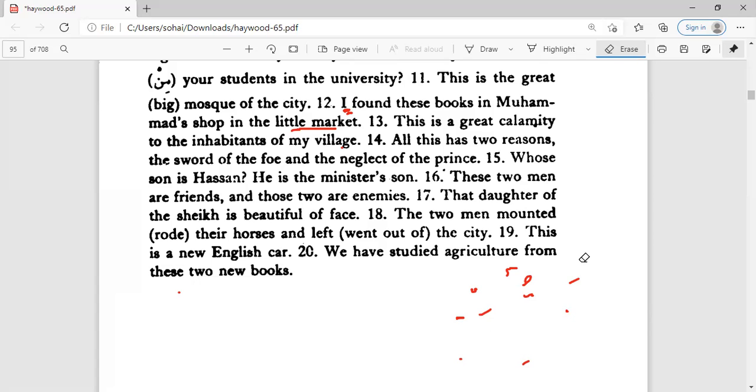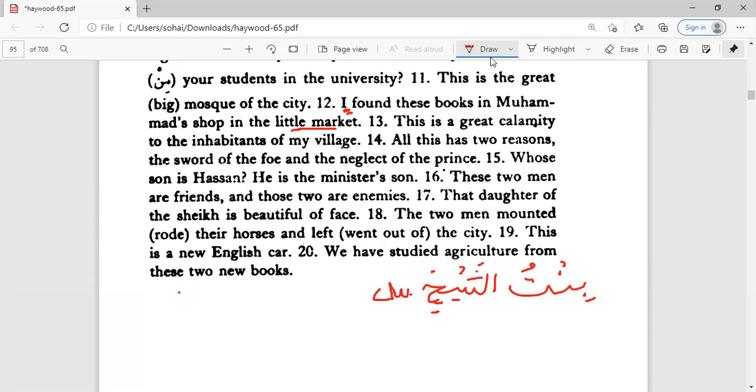That daughter of the Sheikh. So there is an idafa construction. Bintu al-Sheikh, tilka. Dhalika is masculine, so it's tilka because it's referring to the daughter, right?